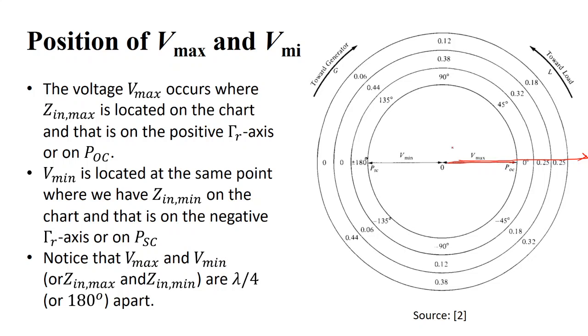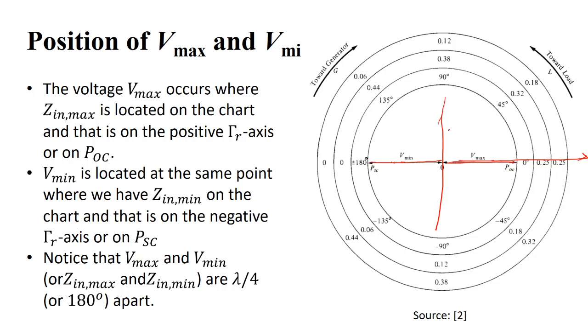And here this is the line, the negative real axis. On this line, whenever you find the gamma at this location, it means you are having the minimum voltage. If the gamma lies on this line at this point, you will get the maximum voltage.